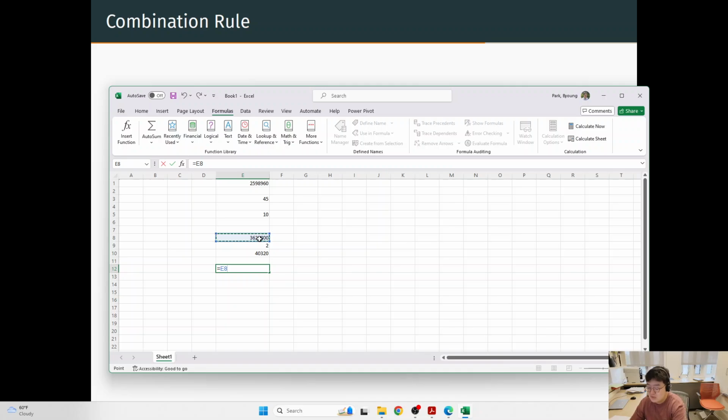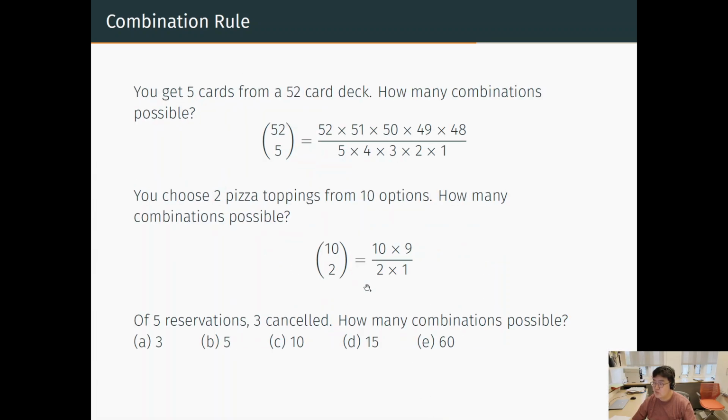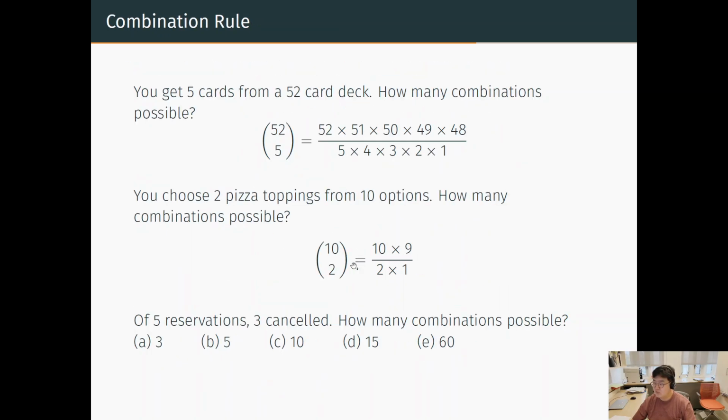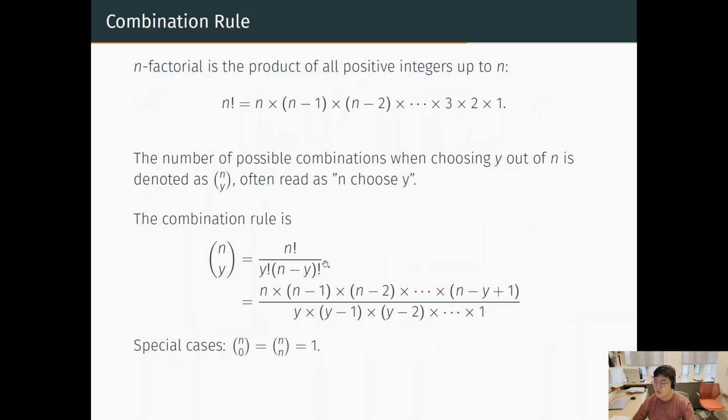If you use the original formula based on factorial, 10 factorial divided by 2 factorial times 8 factorial, then you get 45, which is the same thing as this. So I just showed you this either based on the combination rule, or based on this factorial formula.